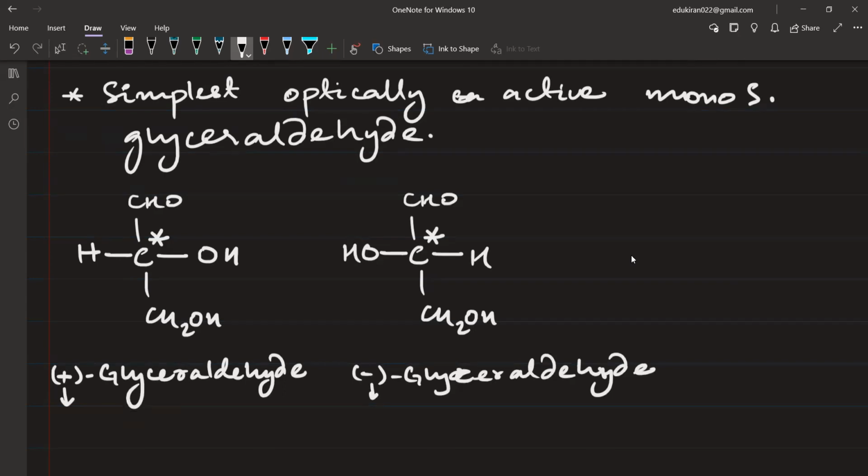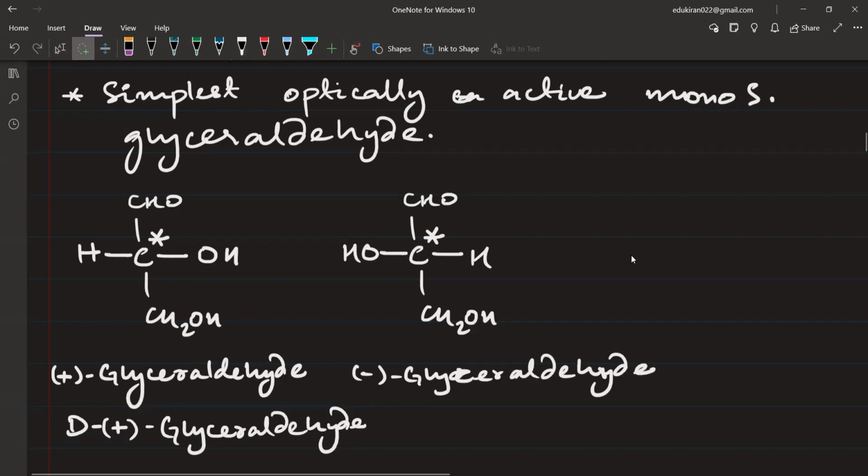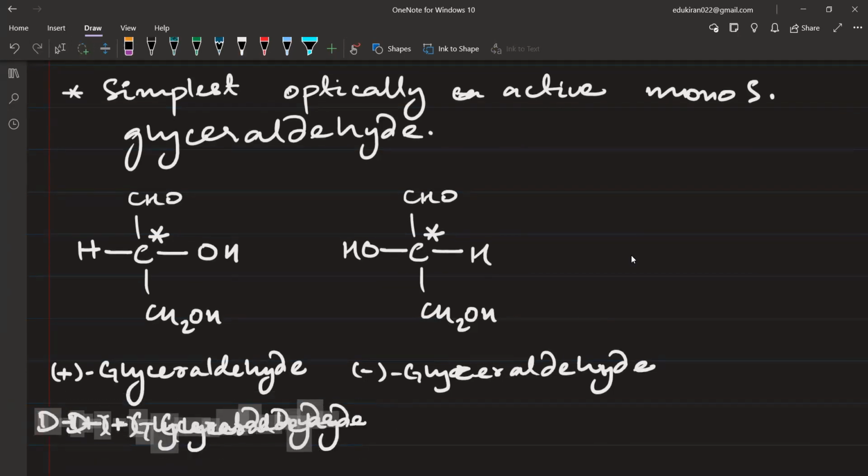Minus will rotate the plane polarized light in the anticlockwise direction, और इसको हम लोग स्मॉल d से रिप्रेजेंट करते हैं, इसको स्मॉल l से रिप्रेजेंट करते हैं। Is that clear? ये आपके पास प्लस एंड माइनस है। तो जो ये प्लस वाला था, the plus glyceraldehyde, it was designated as capital D plus glyceraldehyde. इसको क्या डेजिग्नेट किया गया, L minus glyceraldehyde.